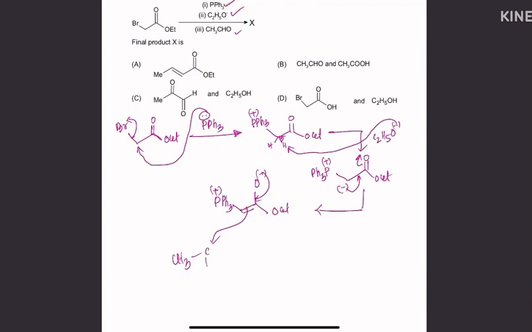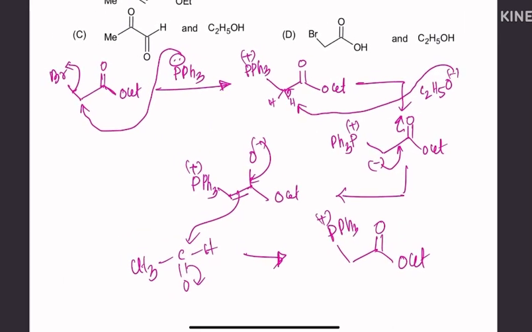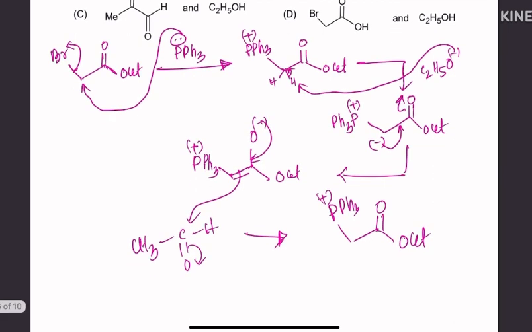CH3CH, this will form this one, C double bond O, OET, this will form a PPH3 plus, and attached to it CO minus, and this is CH3.